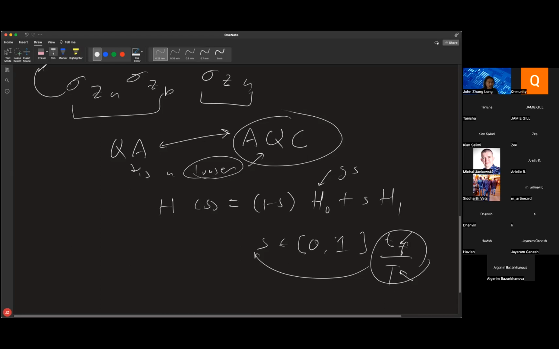So S goes from 0 to 1. This Hamiltonian starts to vanish, it just slowly vanishes, and then we transition over to this other Hamiltonian H sub 1. And the idea is that if we start in the ground state of this known Hamiltonian, and we do this slowly enough, in fact, that's the physical term, adiabatic.